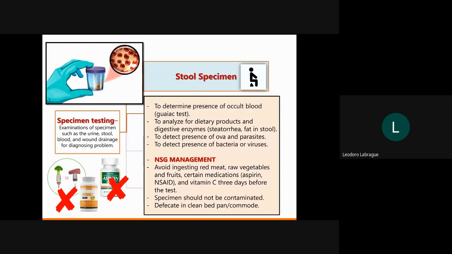Okay, and the last is defecate in a clean bedpan or commode. See, you will see here in the photos, there is an X, which means no vegetables, no red meat, no vitamin C, no aspirin. Aspirin is a common pain reliever that is usually taken by the patient. It should be stopped 3 days before the test.